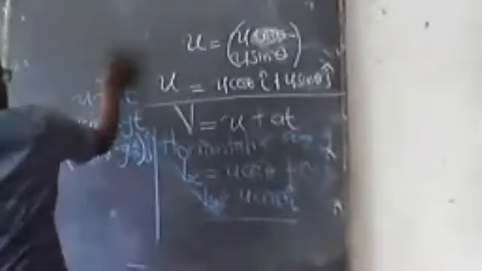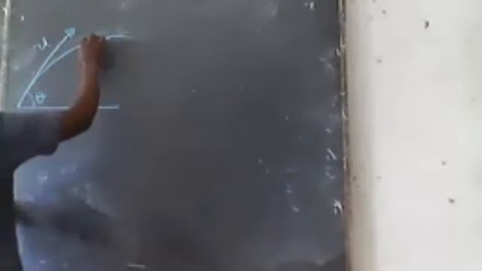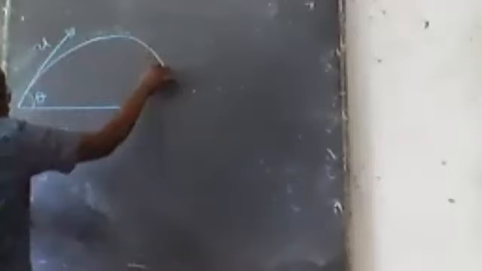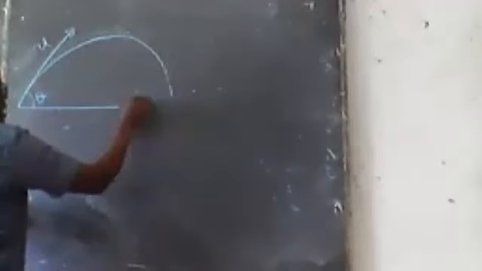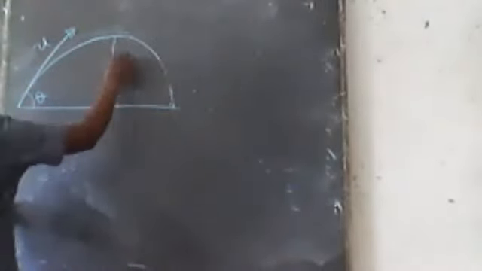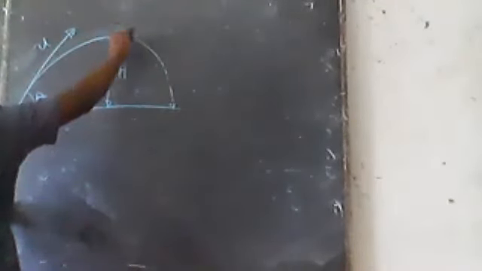Supposing a body is projected with initial velocity u at an angle theta to the horizontal. It comes back and falls on that same horizontal ground. A point is reached when this body is making a U-turn. In other words, it has reached its greatest or highest point and is now coming back.